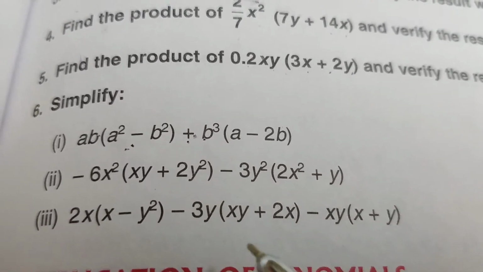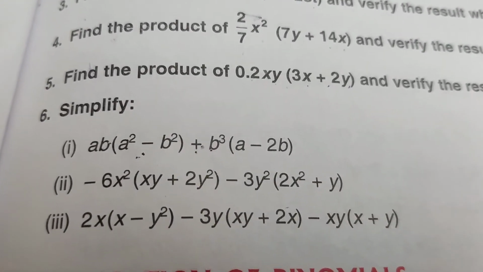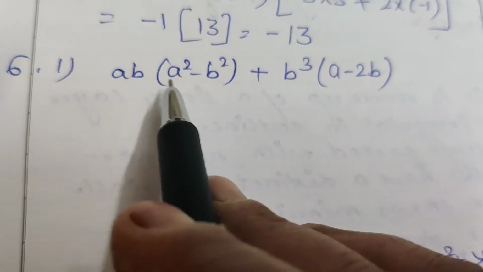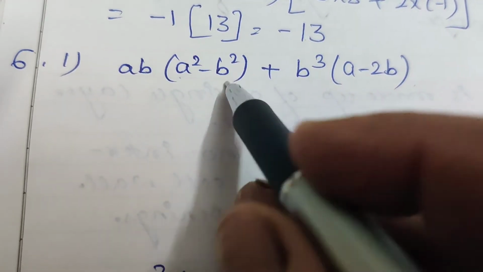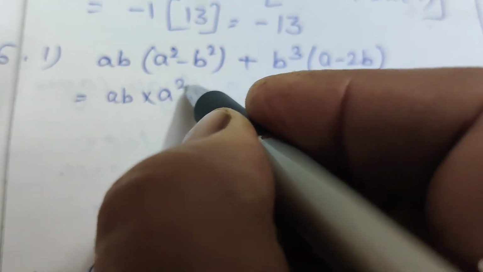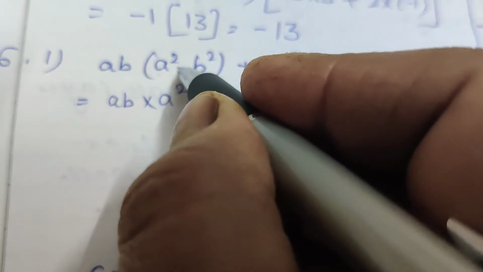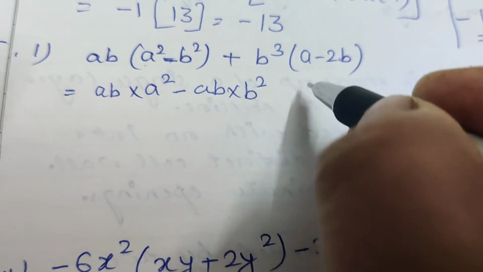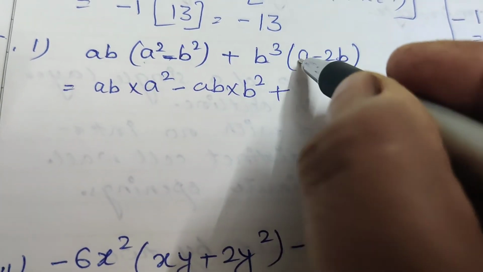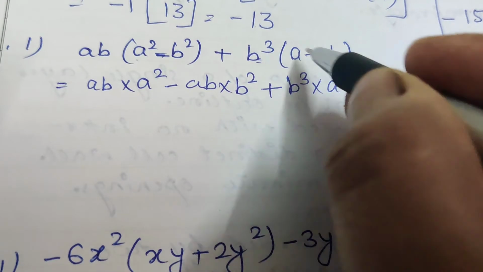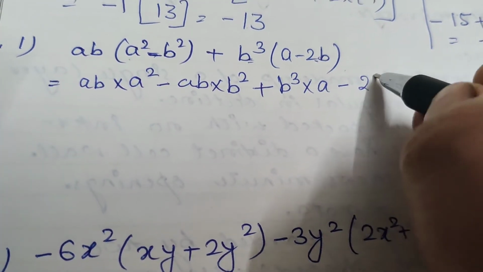Last question, simplify. These are the 3 simplifications. Okay. The first simplification, AB into A square minus B square. First AB multiplied by A square and minus AB into B square. In this, B cube multiplied by A minus B cube multiplied by 2B.